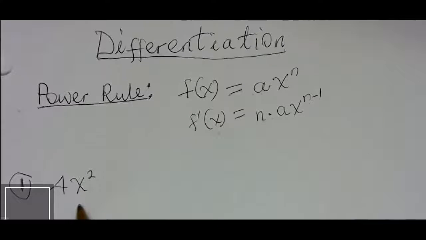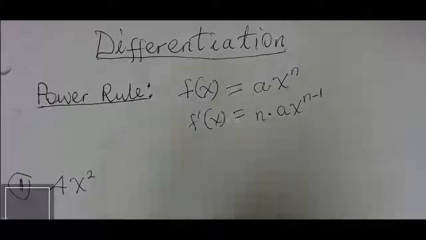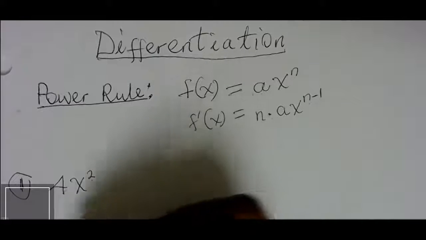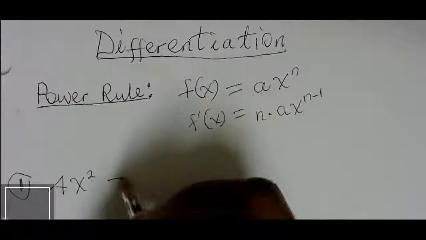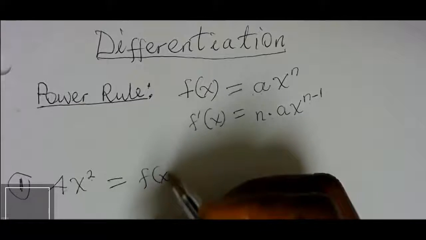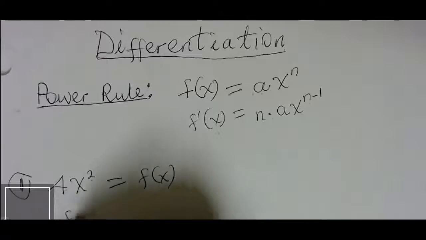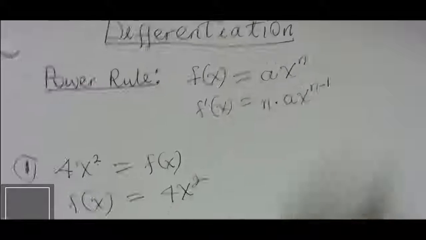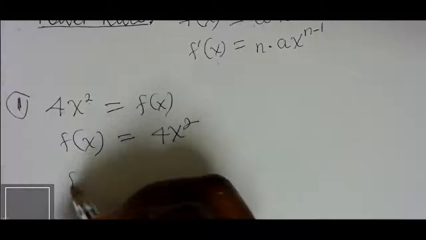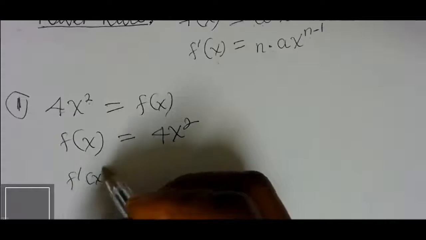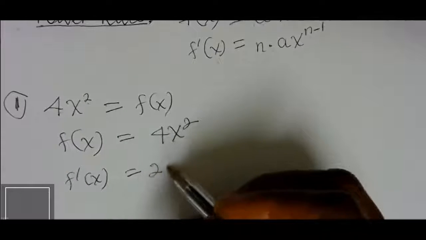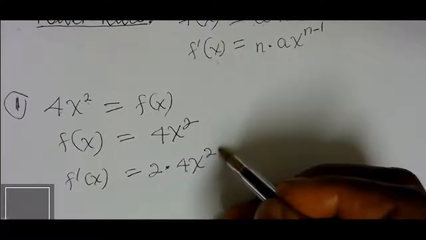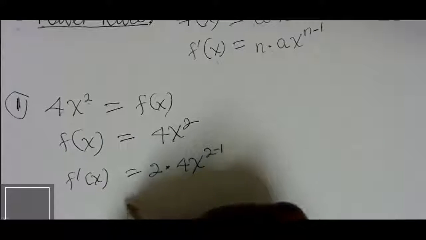So for example, in this 4x squared, 4 is a, 2 is n. By the way, this is f of x. So if we write that f of x is equal to 4x squared, therefore f prime of x is going to be 2 times 4x to the power 2 minus 1.